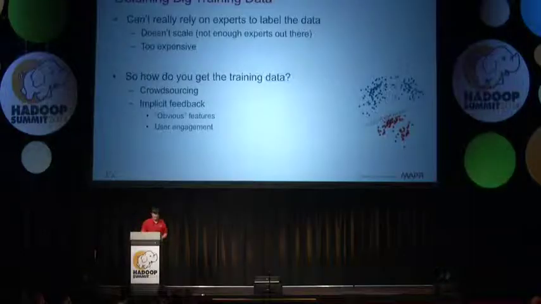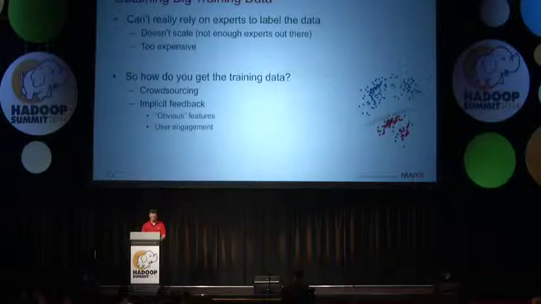So one of the problems, if we're talking about large-scale data processing, machine learning in that area, is that you can't really rely on a domain expert to label, to annotate the data. It's just too expensive. It doesn't really scale. Besides, there are probably not enough experts out there, even if you could afford paying them.